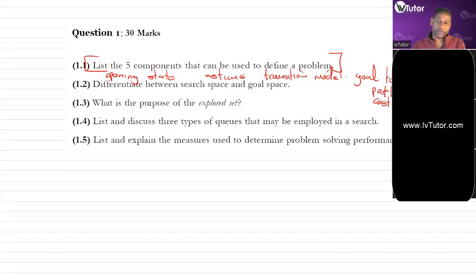So that is the 5 components of a problem.